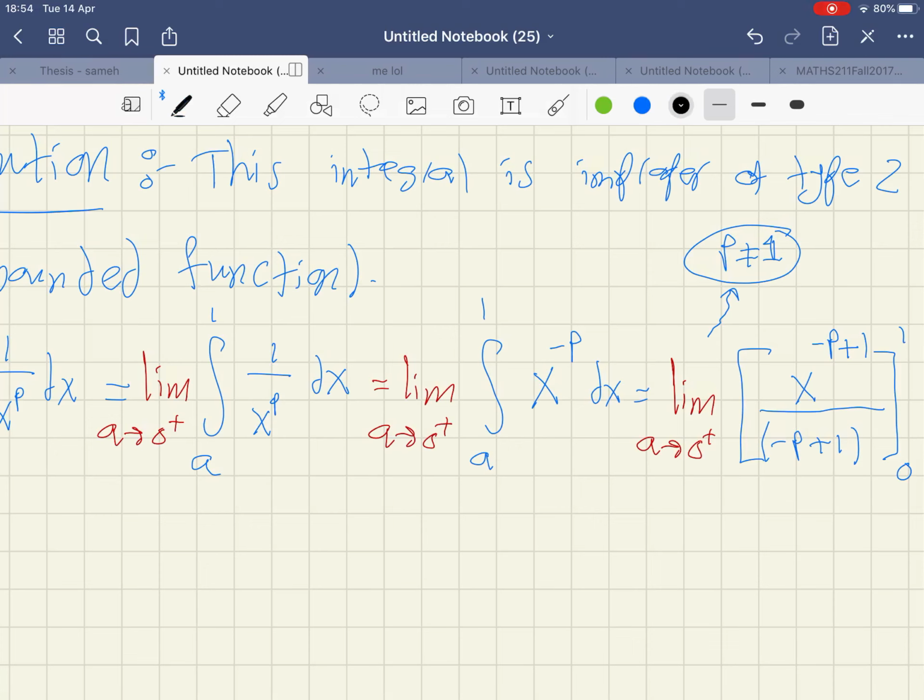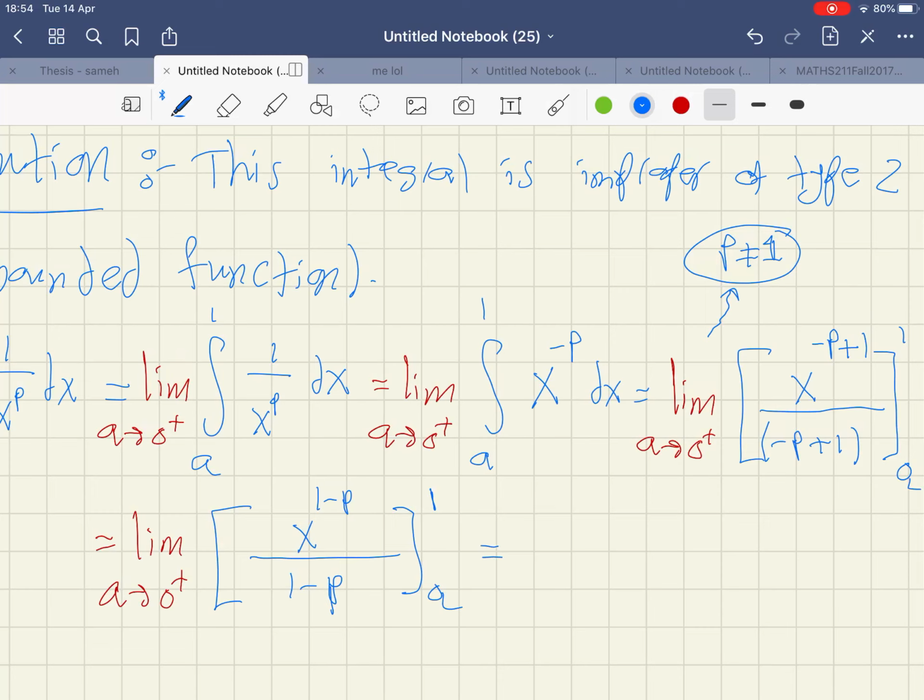The next step we need to do is, I will write this one as this. You will see now why I did that in a second. I will write it as x to the 1 minus p over 1 minus p, just to make things easier for us. This is a, this is a.